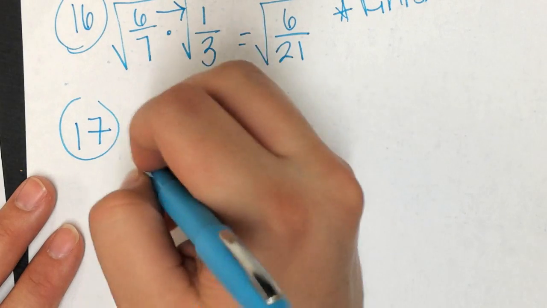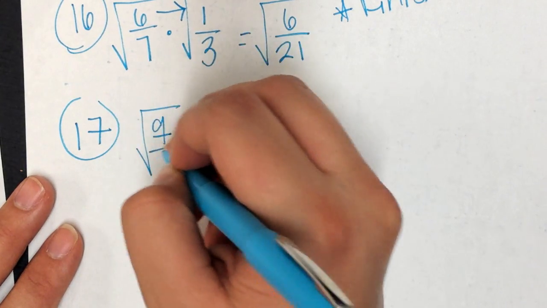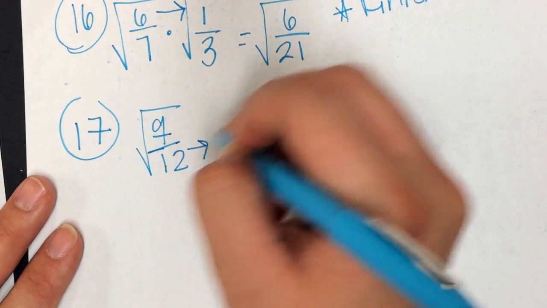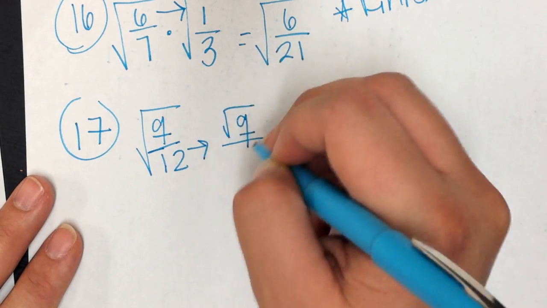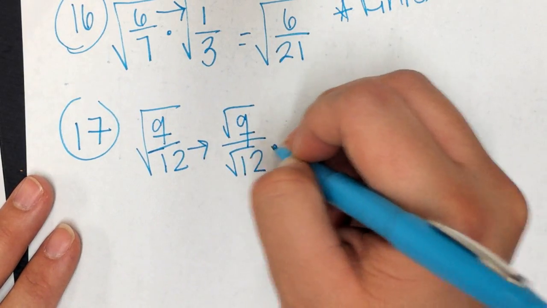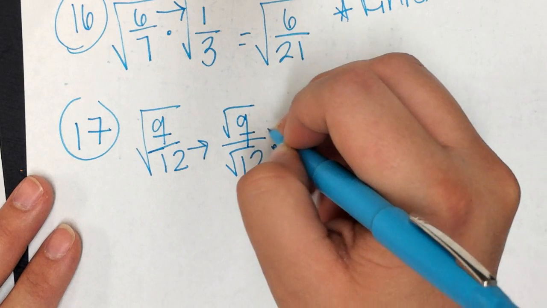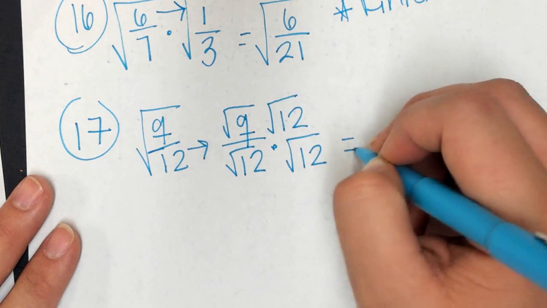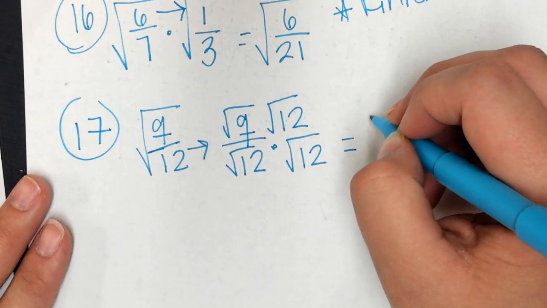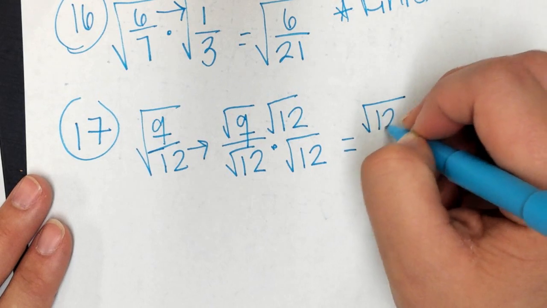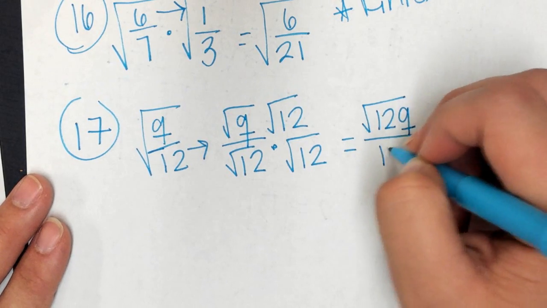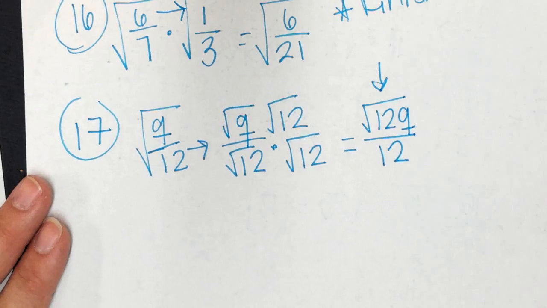For number 17, you have the square root of q over 12. Just break that apart into square root of q over square root of 12, and then rationalize it. I'm giving you the answer. It becomes square root of 12q over 12, and you need to simplify this fraction.